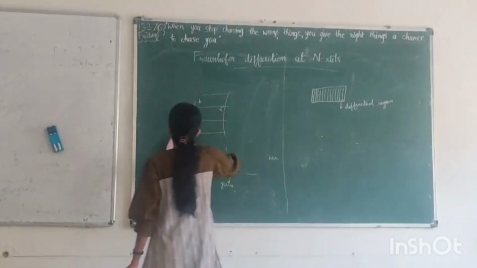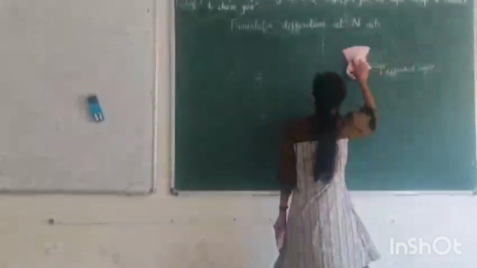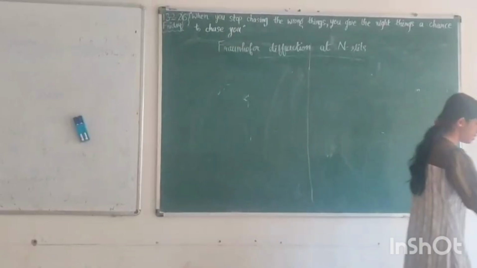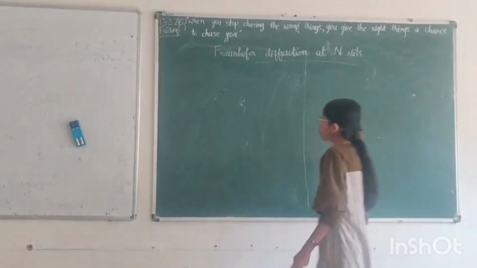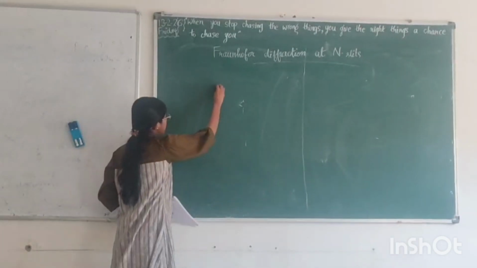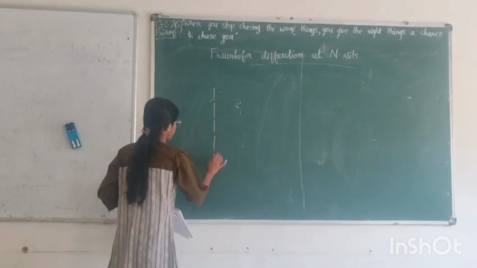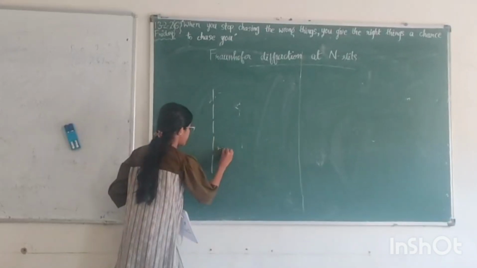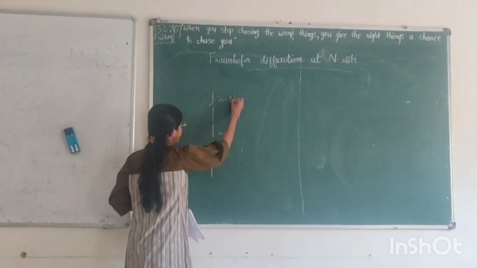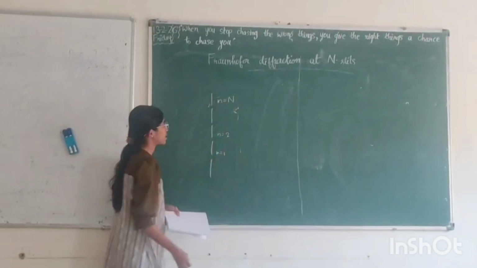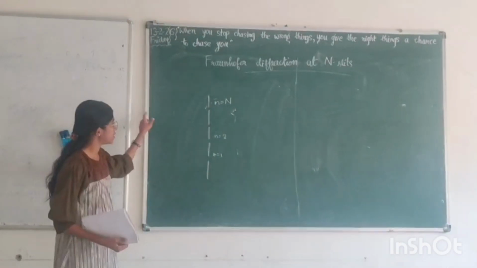Now we move to the actual theory part of the Fraunhofer diffraction at N slits. For that, consider these are our N slits: n equal to 1, n equal to 2, up to n equal to n. Now consider that a parallel beam of monochromatic light is incident.